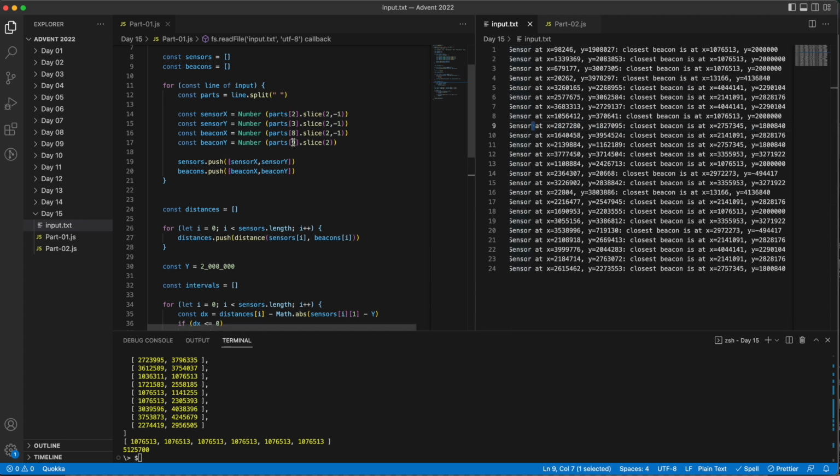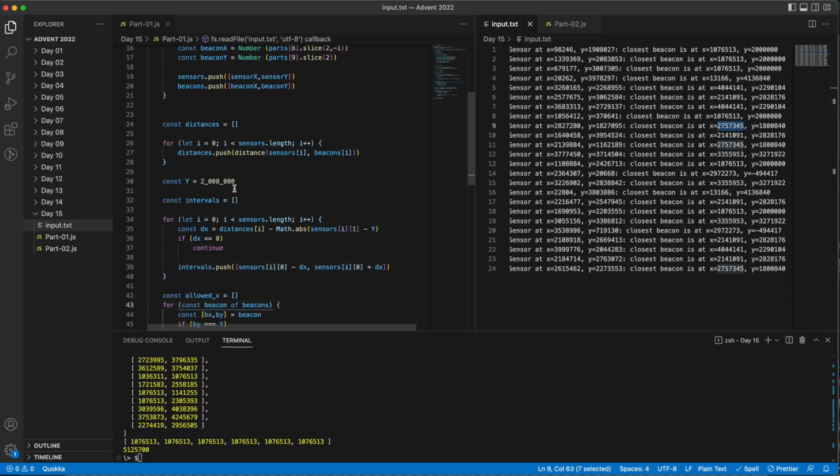Then I will take different parts for the x, y of the sensor, and then the x and y for the beacon. And of course I will convert them to numbers so that I can work with them and then push them to the sensors and beacons. It's clear that index 5 of the sensors array will be mapped to index 5 of the beacons array.